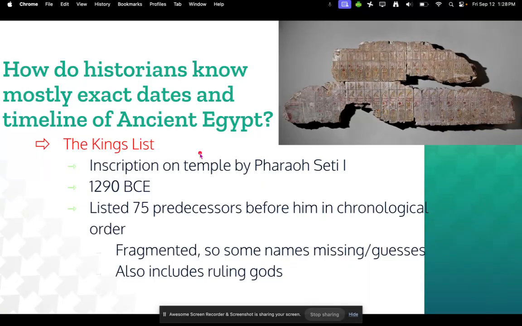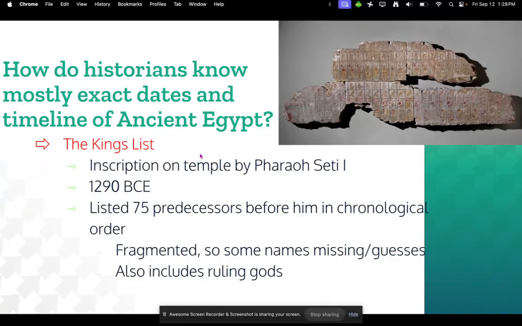So, how do historians know mostly exact dates and timelines of ancient Egypt? Yeah, that is weird, right? When we were looking at that big list of all the periods, you saw that it was down to the exact year. That's right. It is just kind of by luck almost, because the historians have found something called the King's List.